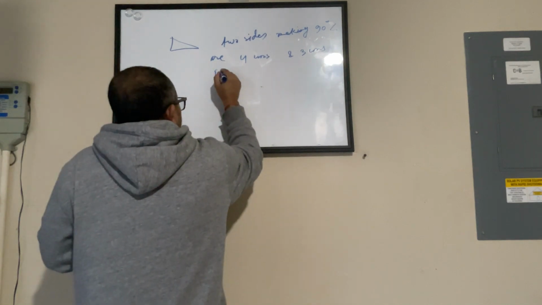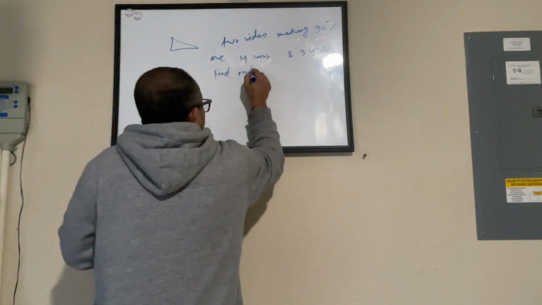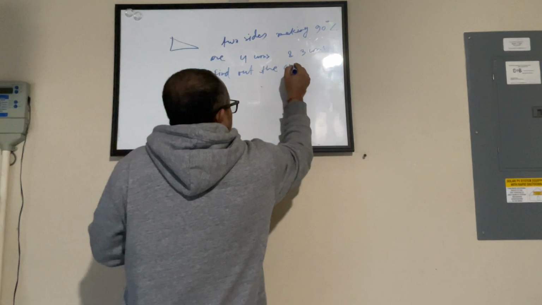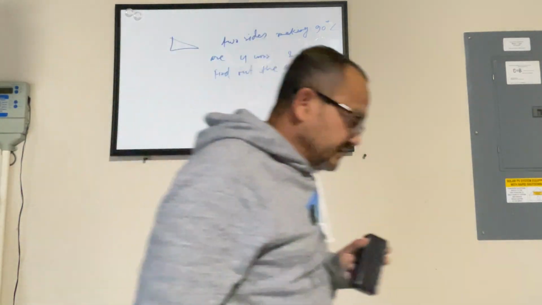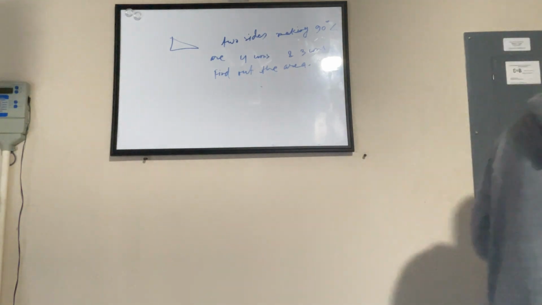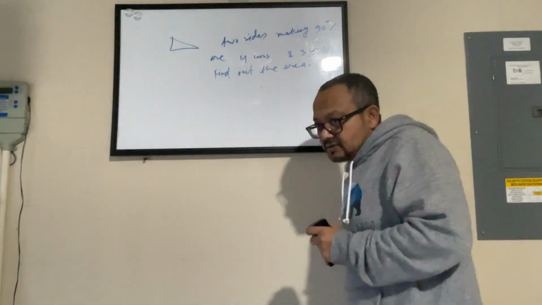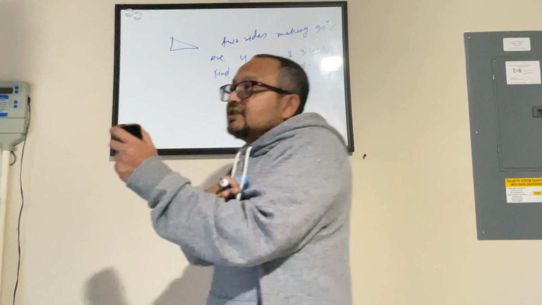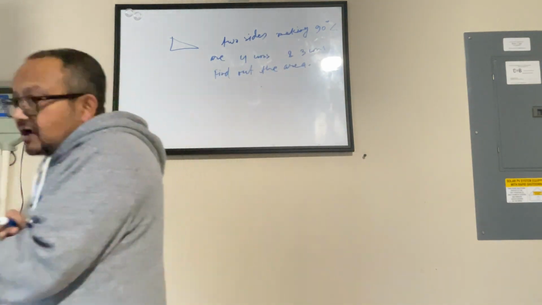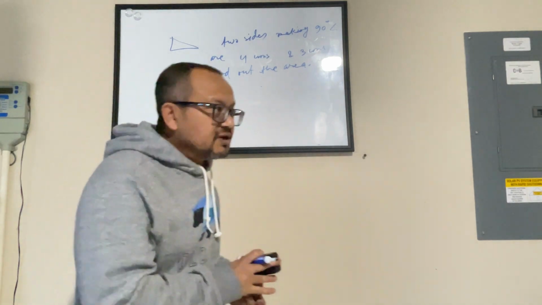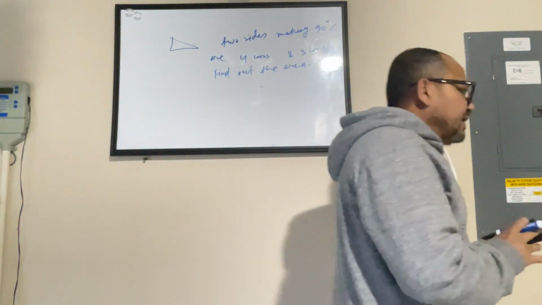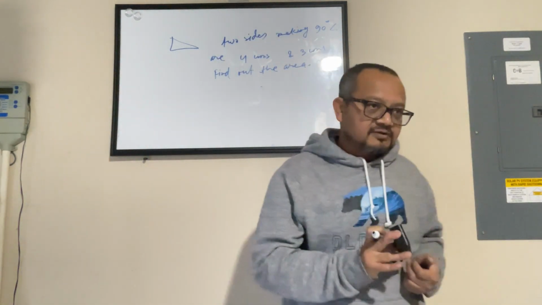Find out the area. I'm reading the question for you one more time. In a right angle triangle, the two sides making that 90 degree angle are 4 centimeters and 3 centimeters in length. Find out the area of the right angle triangle.